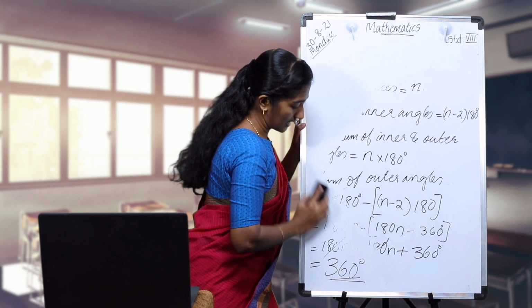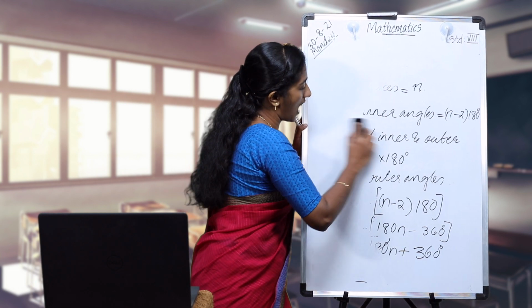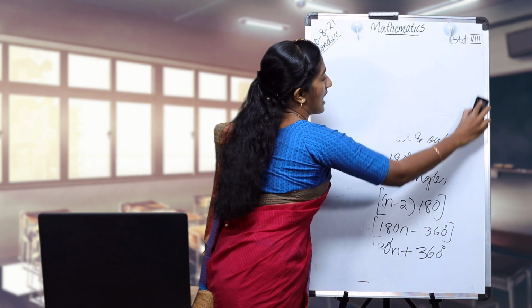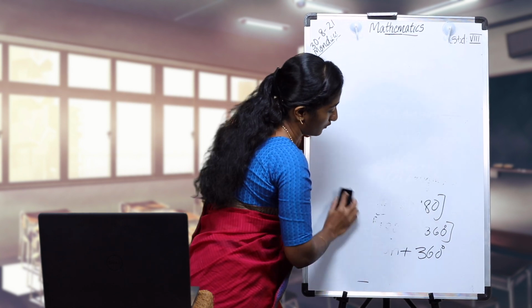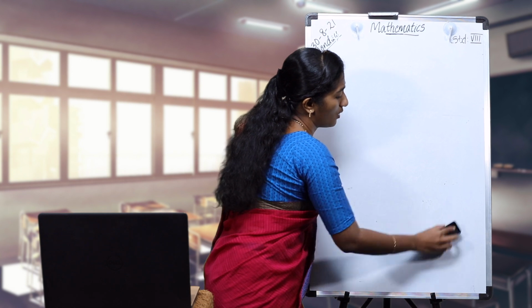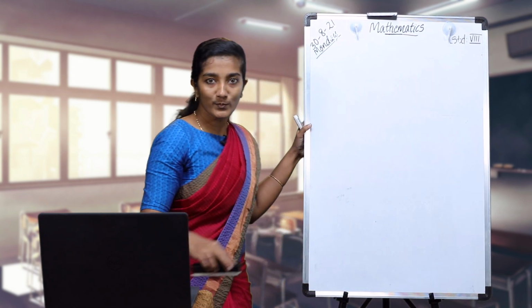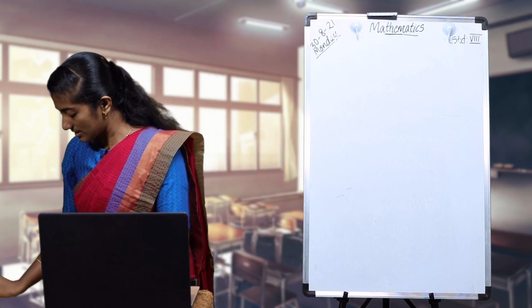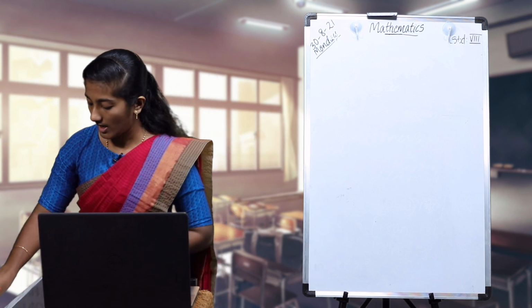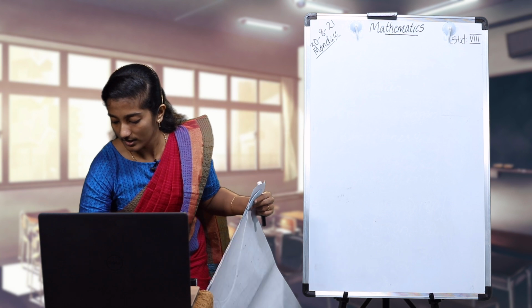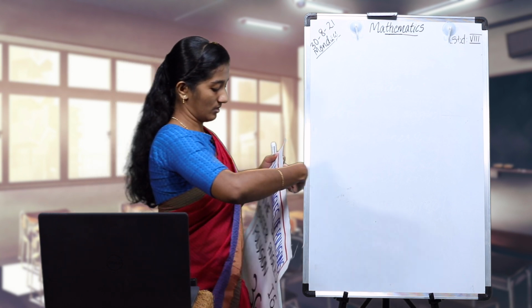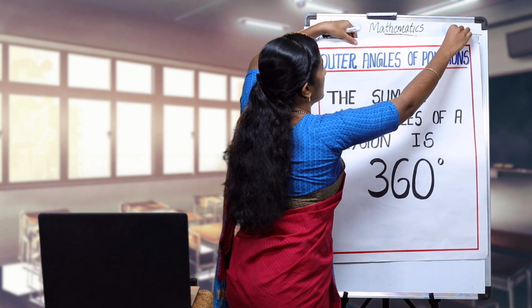Here we have found that the sum of outer angles of a polygon is 360 degrees. Then what about the sum of outer angles of a quadrilateral? It is also 360 degrees, right? Now we have to read the chart. The outer angles of a polygon.